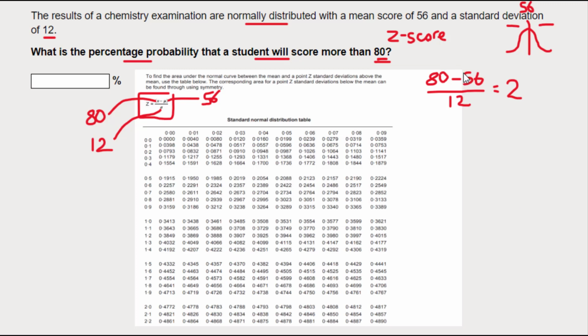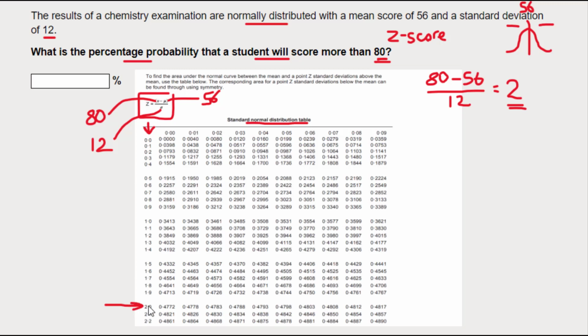Now, having done our little calculation of our z-score, we can then go into the normal distribution table. Whatever figure you've calculated, you've got to work down this column here and find it. Is our number here? Can we find the number 2? Oh, yes, we can. It's there.